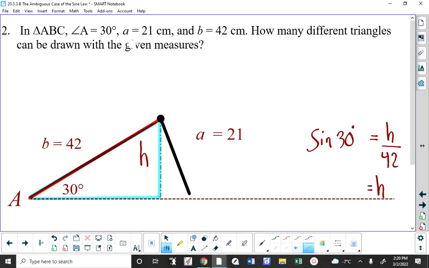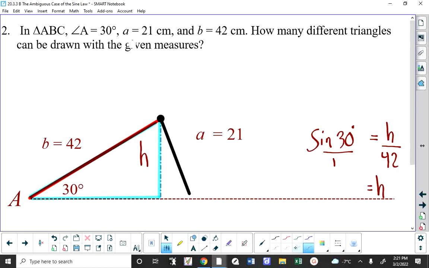And can everybody cross multiply to solve that for h? So you're going to take 42 sine 30. Should get 21.